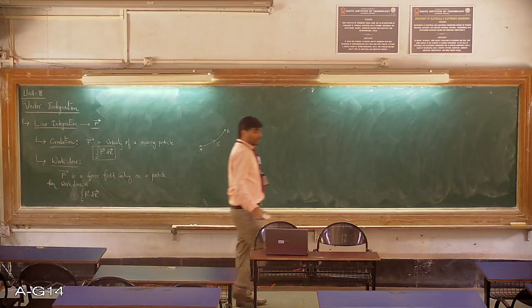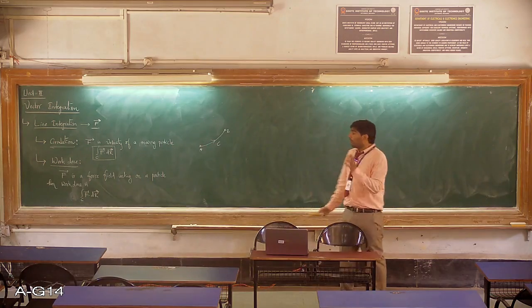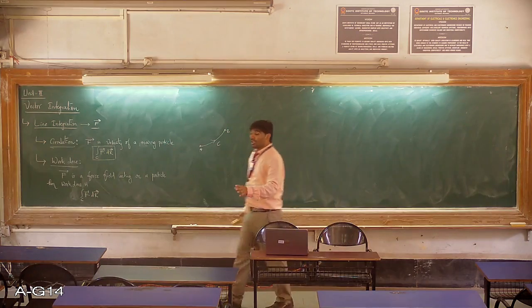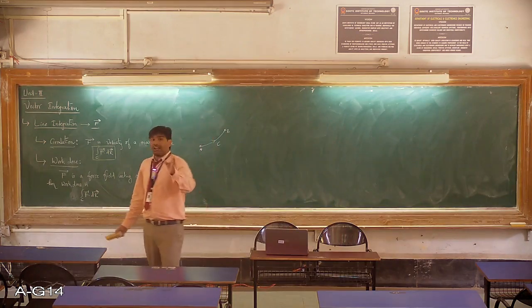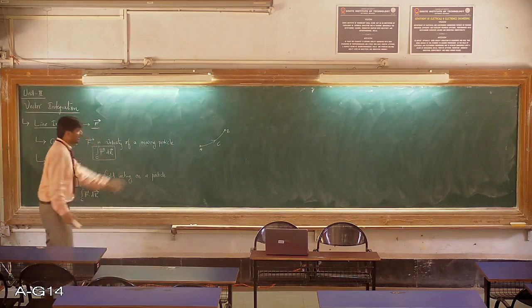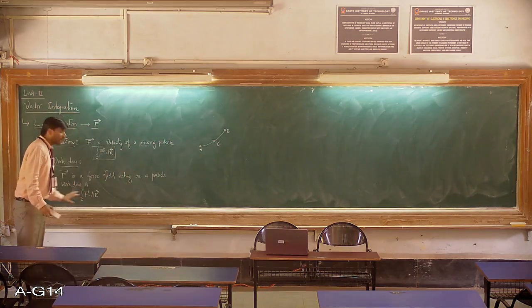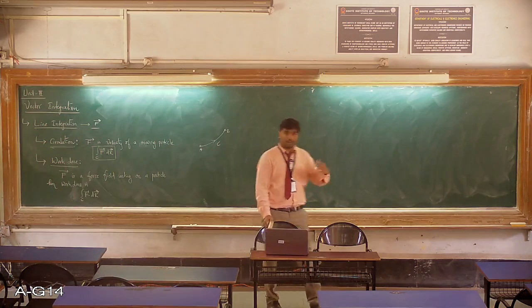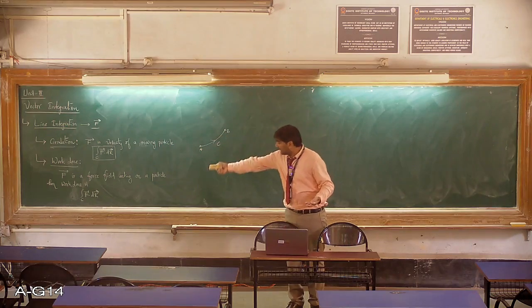That means if you have a force field acting on a body, and the curve C in which direction it is moving, then one can very easily find the work done by that force on a particular particle by using this line integration.